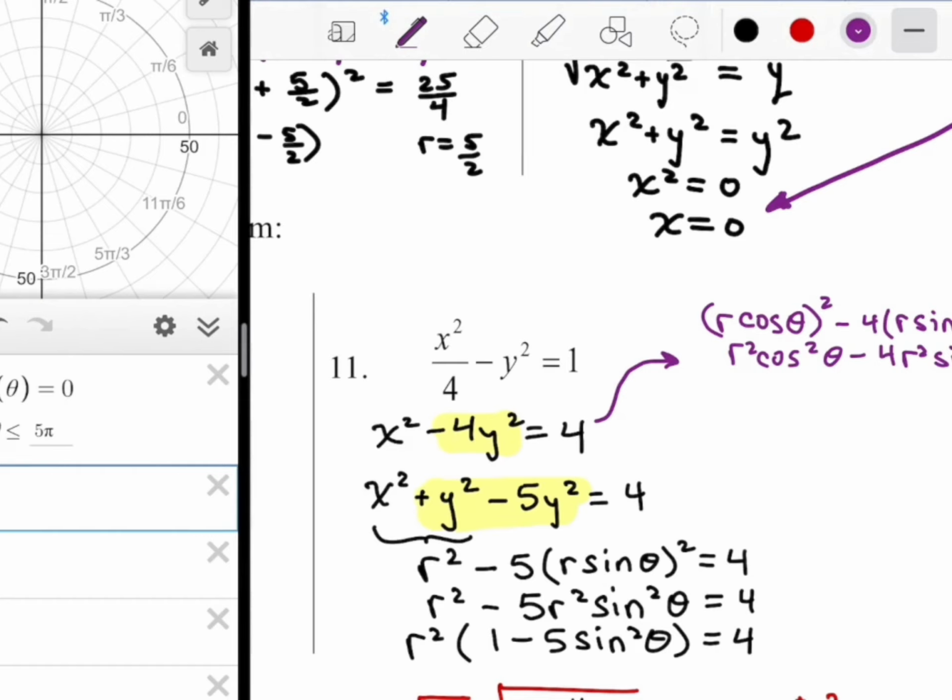You see it's kind of shaping up the same way anyhow, except you'll have a cosine in it instead of it consolidated in the form of sine. So I'd factor out an r squared and you'd say r squared is equal to 4 over something, and you might look at this and say, but it's a different answer. And I say, well, yeah, but cosine squared is 1 minus sine squared. So if you make that substitution and combine it, you get the same answer. But you don't need to, so don't.